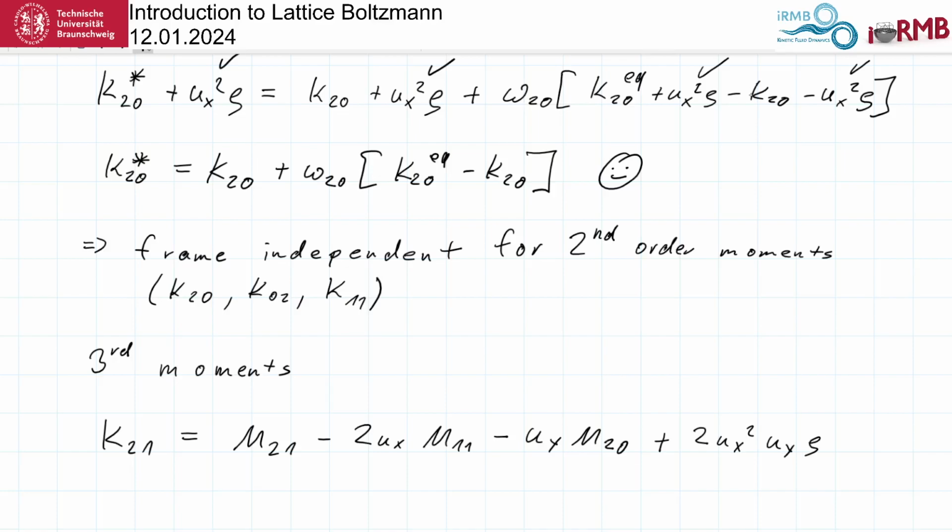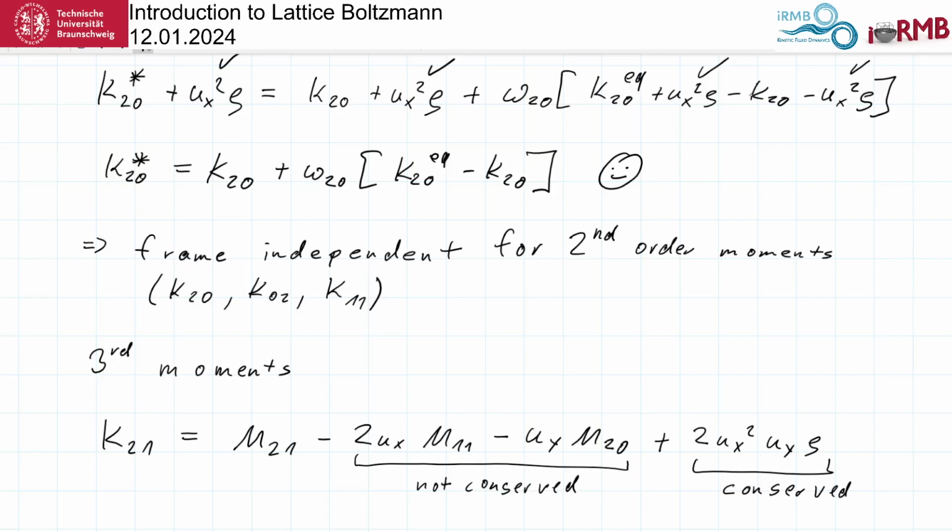Okay, so why is this a problem? Previously, with the second order moment, there was a part that was directly related to the second order moment and another part that was conserved. Now here we have a different matter, because what is written here is not conserved during collision. So this here is just the velocity, so this would be conserved.